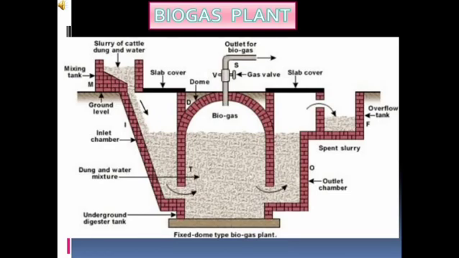From that the spent slurry is removed gradually, and what is left after the extraction of the biogas is rich in nitrogen and phosphorus compounds and hence forms a good manure. The biogas which has been collected in the dome of the digester tank is taken out through the outlet chamber S and supplied to the villagers' homes through a network of pipes to be used as a cooking gas.